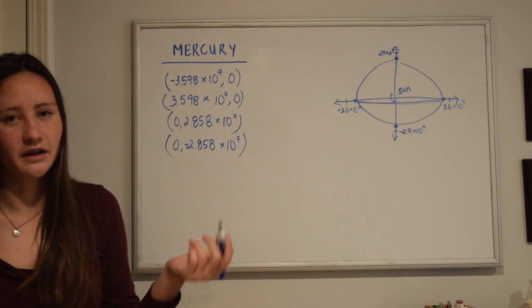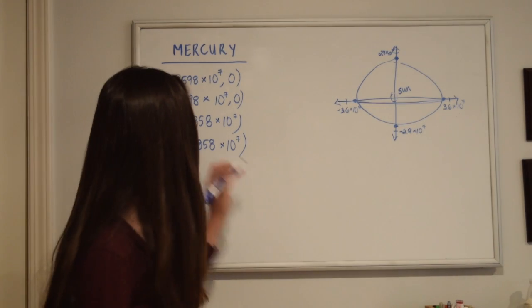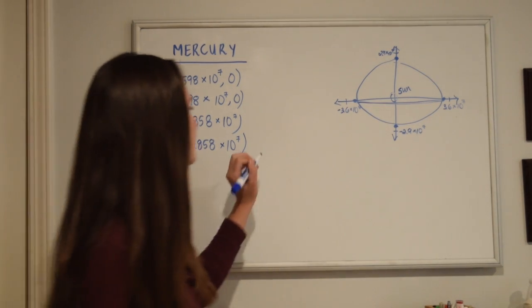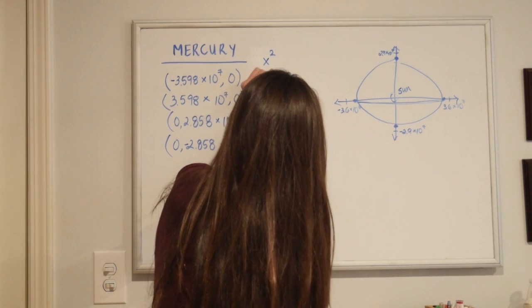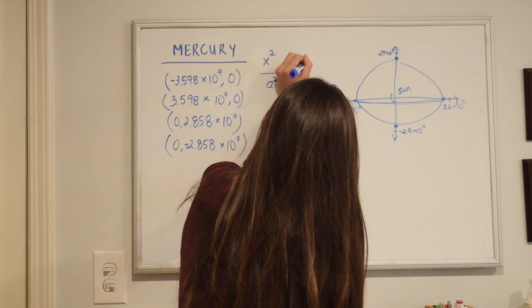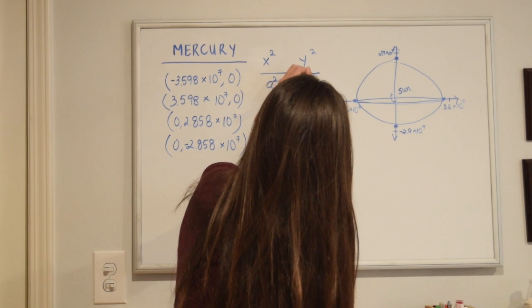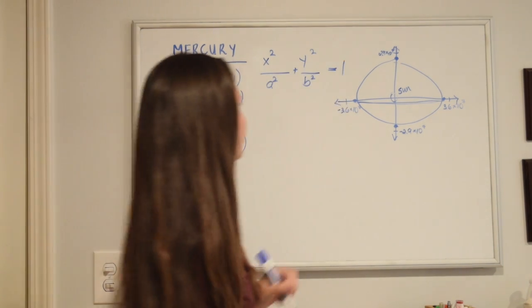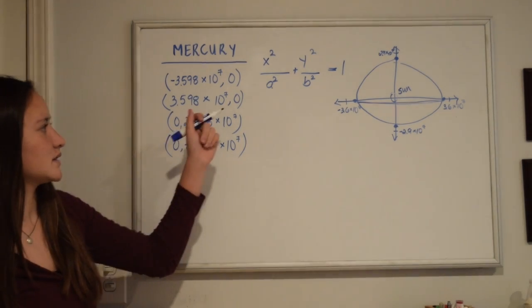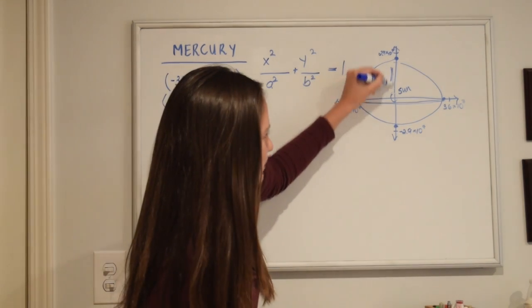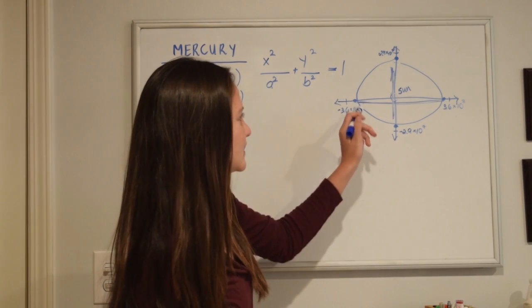Now we need to determine the equation. So what we have here is the points. So the equation of an ellipse is x squared over a squared plus y squared over b squared, all going to equal 1. So we have the a and b's. This is the semi-minor axis, and this is the semi-major.